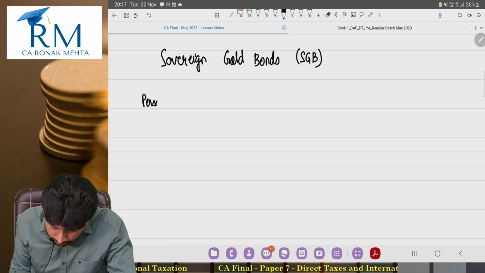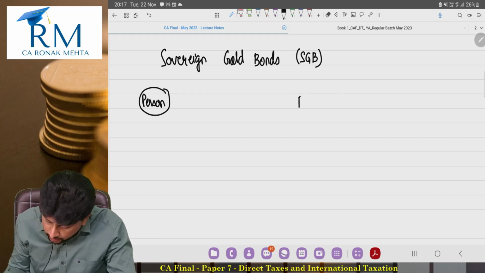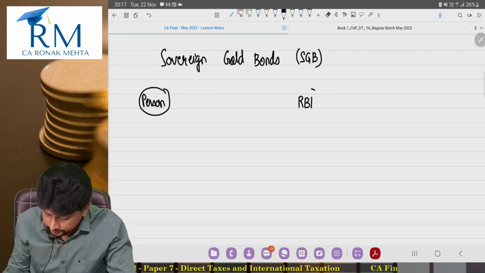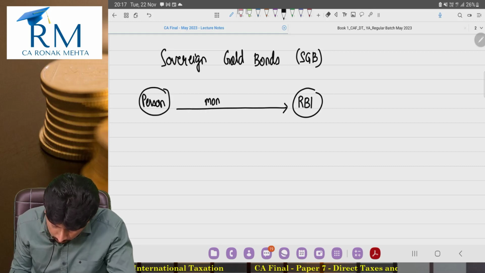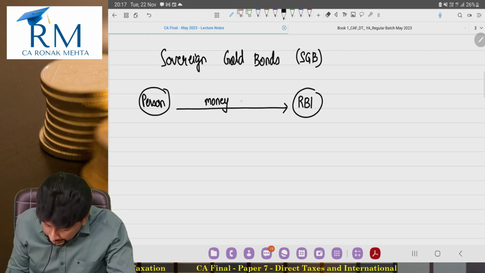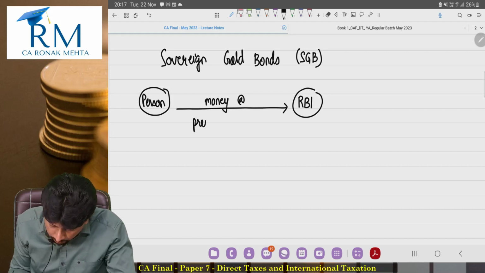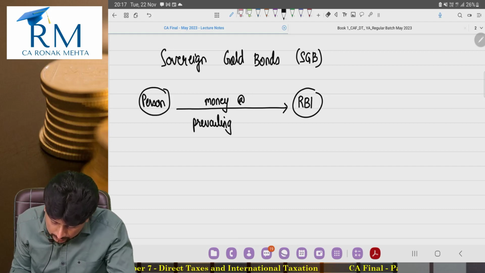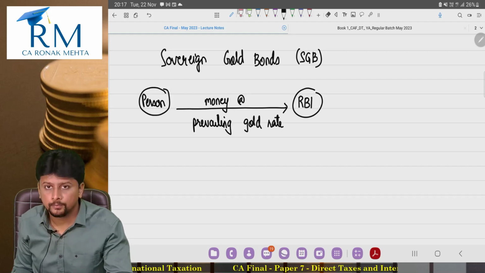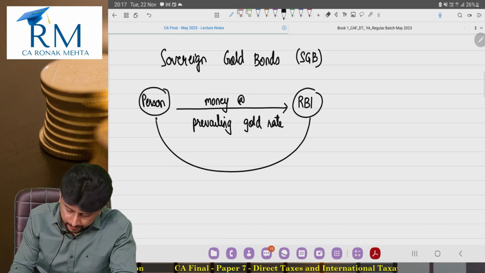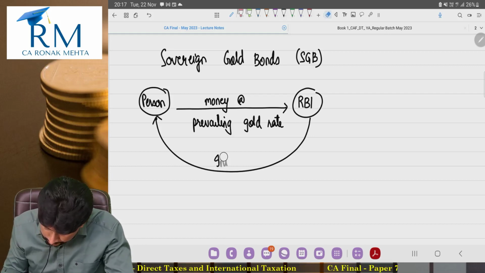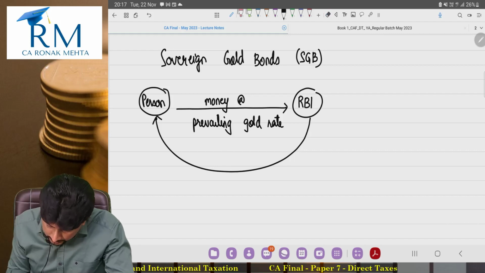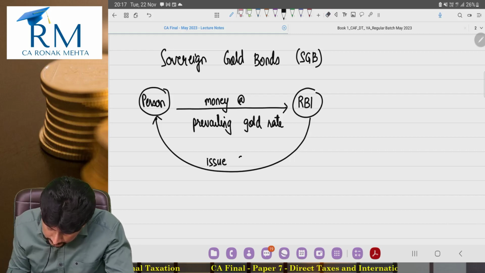Come to us, RBI on behalf of central government. Give money. And you give money at the prevailing gold rate. What will RBI do? RBI will issue this sovereign gold bond.